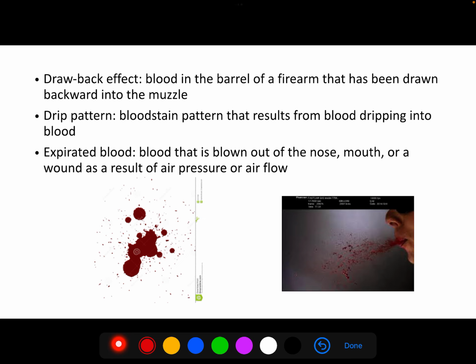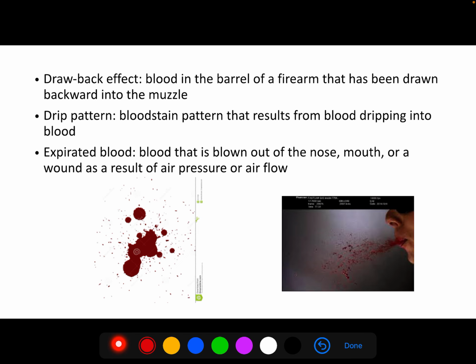We also have drawback effect. This is another thing that we will see with gunshots. Whenever a gun is fired, there is air pushing the bullet out of the gun. Once the bullet leaves the barrel, air gets sucked back into the barrel of the weapon.